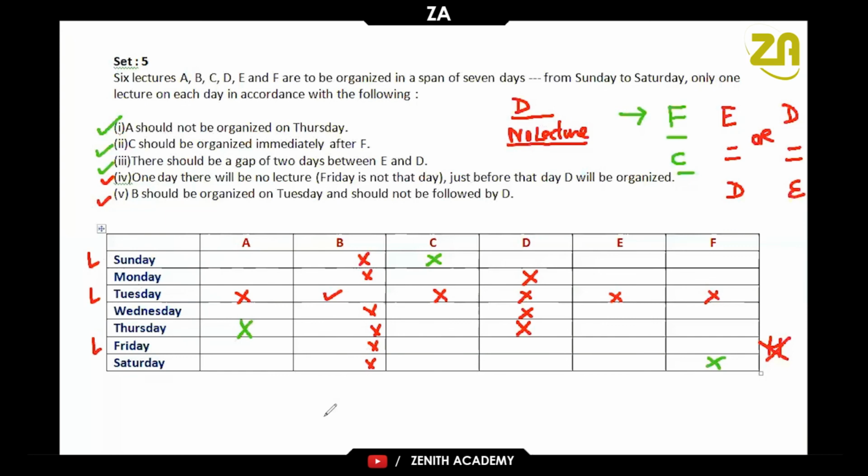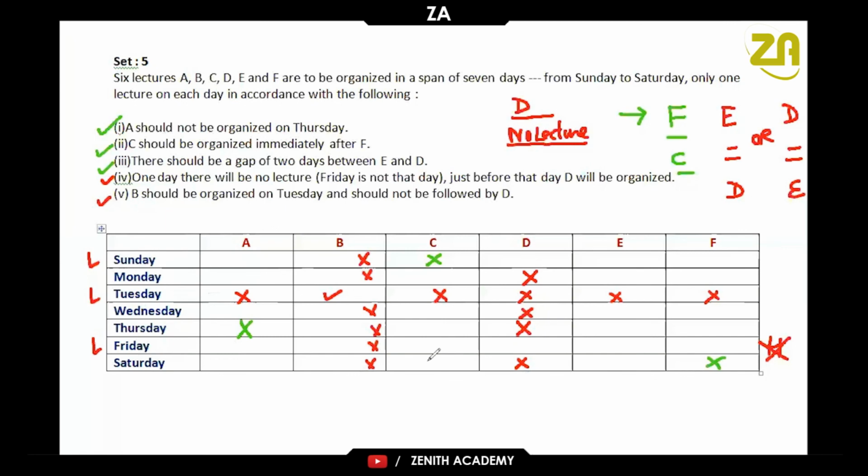Lecture D before a holiday means lecture D cannot be possible on Saturday also, because if it happens, then after Saturday the holiday will be, and after Saturday the program is going to end, because it is only a 7 days program. So lecture D is not possible on Saturday also. Correct?